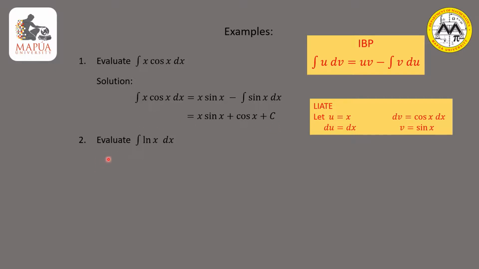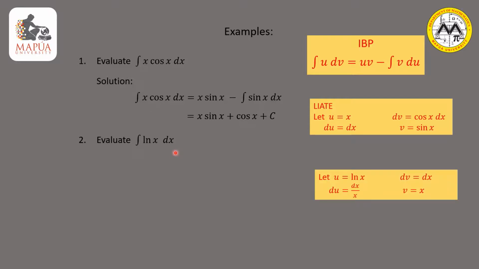For our second example, let us evaluate the integral of ln of x dx. Again, we will be using integration by parts here because the given integral does not fit any one of the integration forms that were given in class.